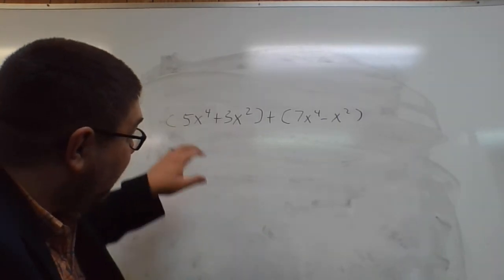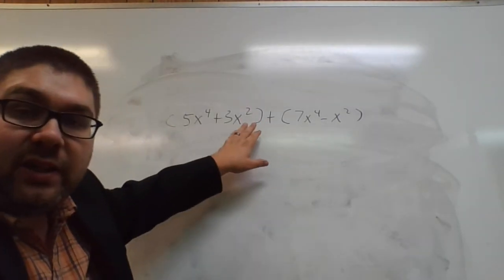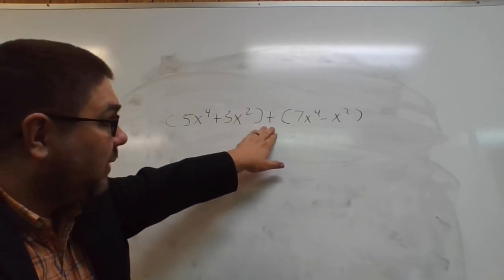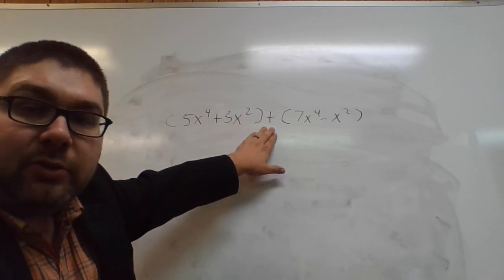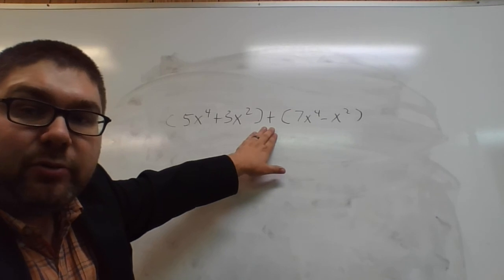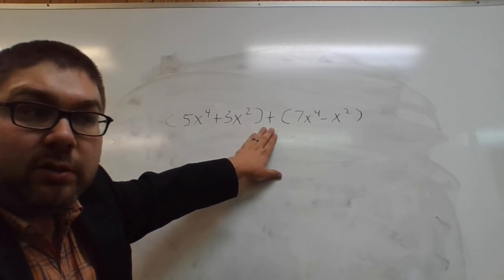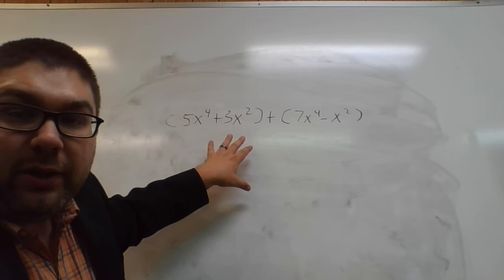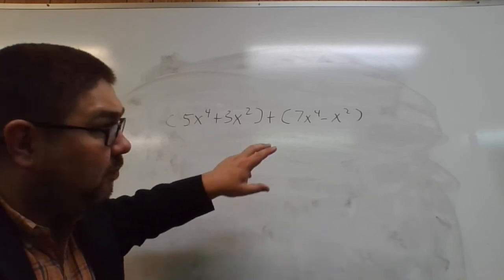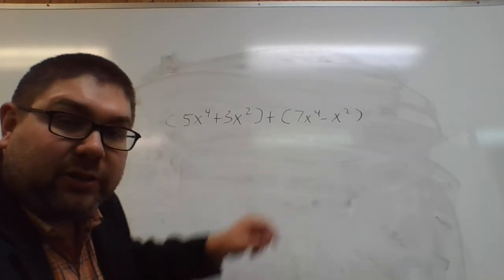So you notice we have two sets of parentheses and a plus sign in between. Two sets of parentheses with two terms in each one. That would be called a binomial because it has two. Another binomial because it has two more.